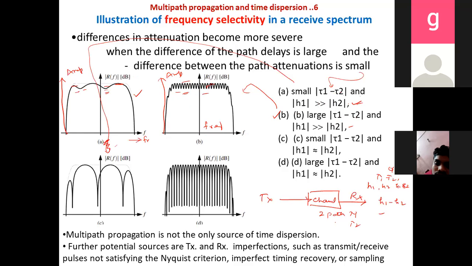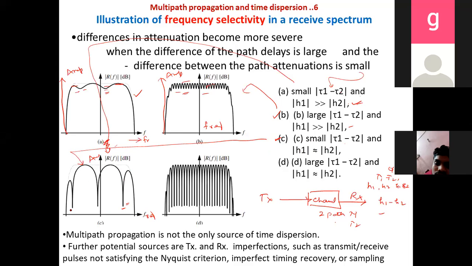In the third case, the arrival time delay difference is small and almost similar, and the attenuations are almost equal. This is the dangerous case. See here, this is the frequency amplitude. See how deep fades occur here.